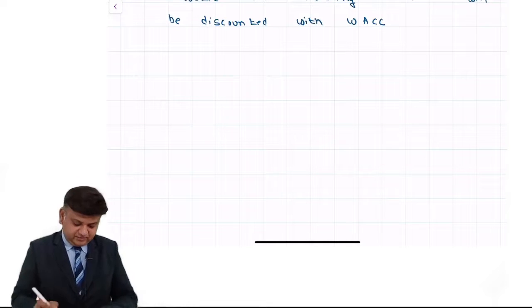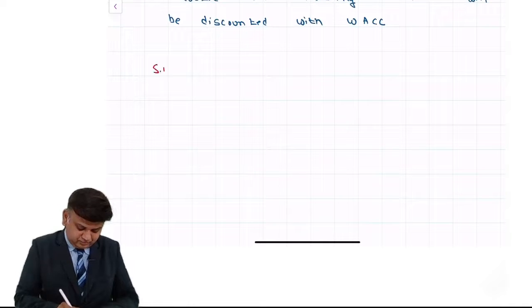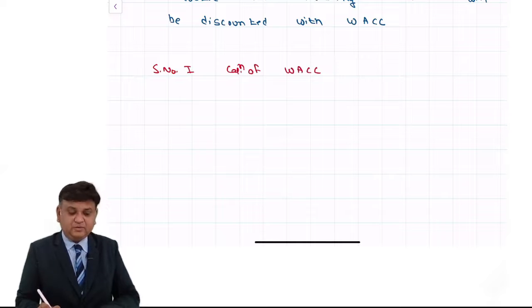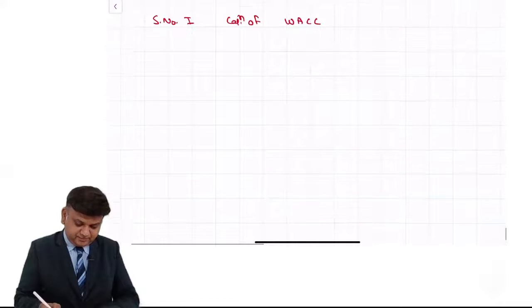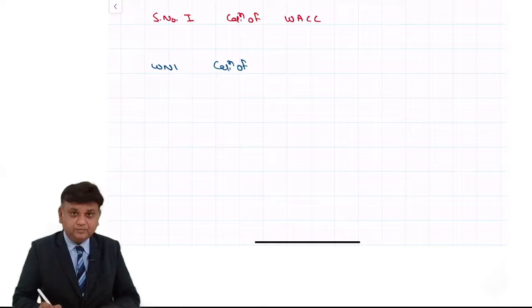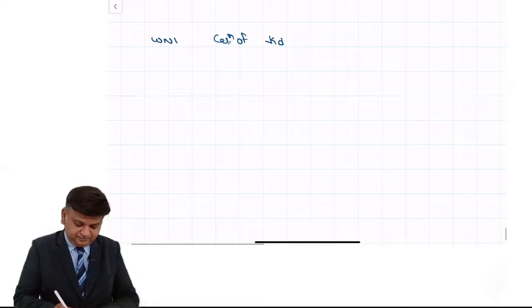Now write down heading. Step number 1. Calculation of WACC. In that write down working note number 1. Calculation of KD.